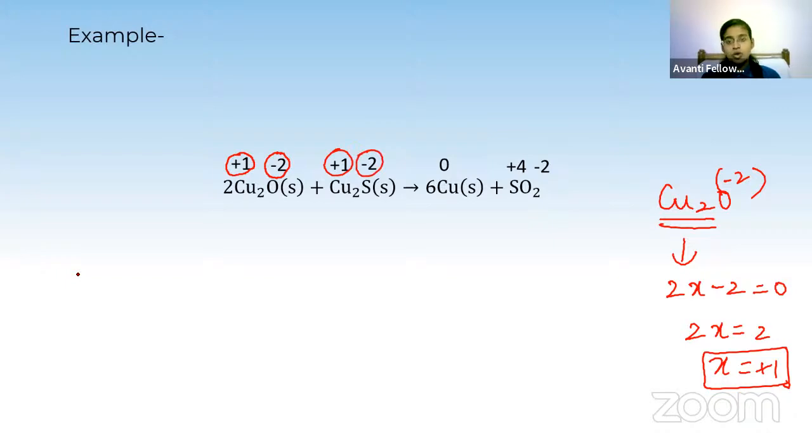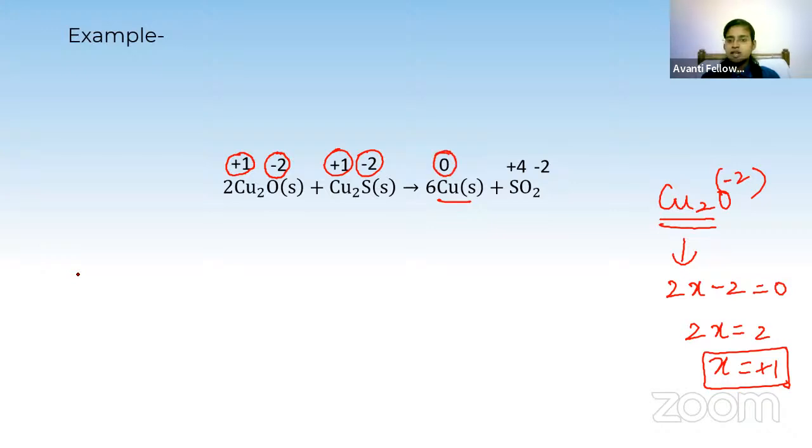Oxygen and sulfur both belong to the same group, so both will have the same charge. And here copper is in elemental form. We have studied under the rules that the very first rule is that all elements in their uncombined state have oxidation number 0. So copper is in the 0 state.